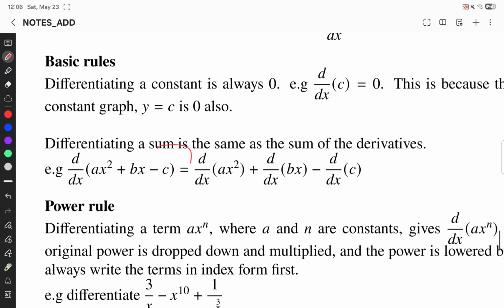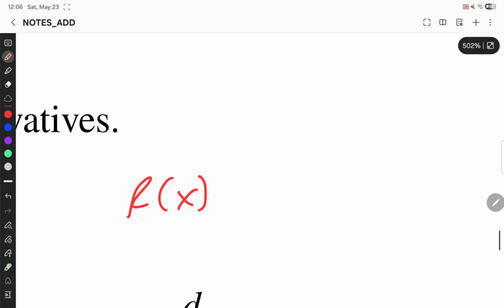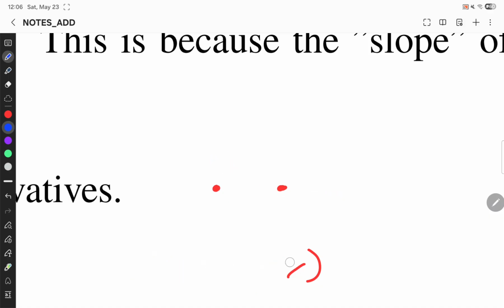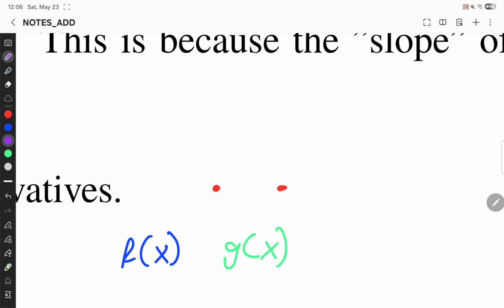Now, for the first principles, I do not know how to do this. But this exists because you know that when we add two functions together, f of x plus g of x, their y values, when we have 2 points, these two are the x points, our function is this and our other function is this.